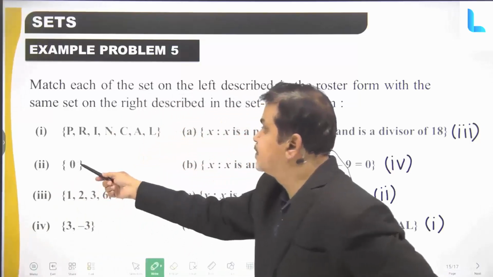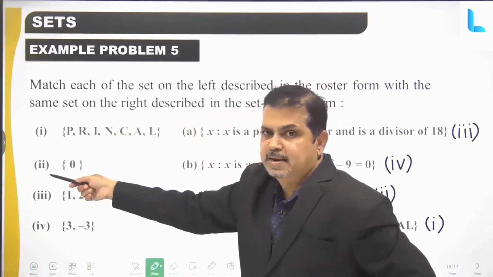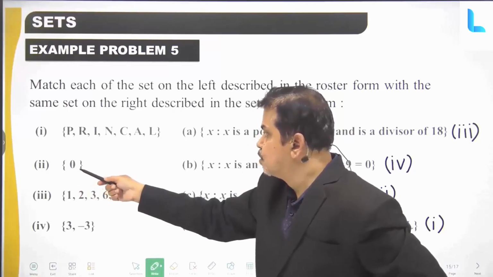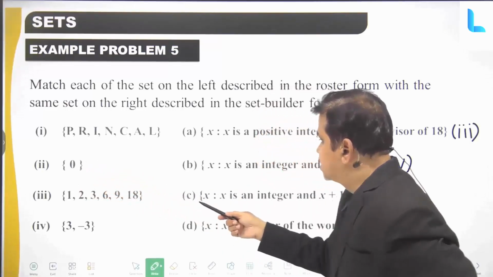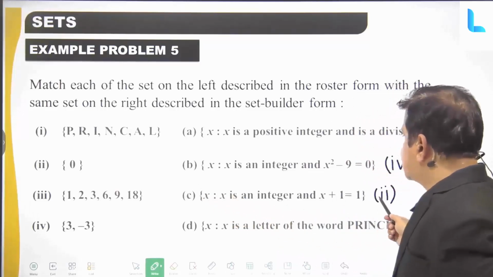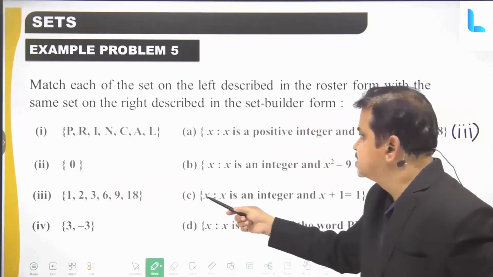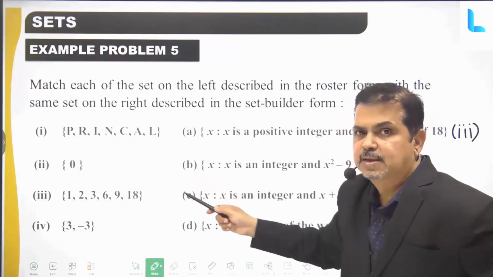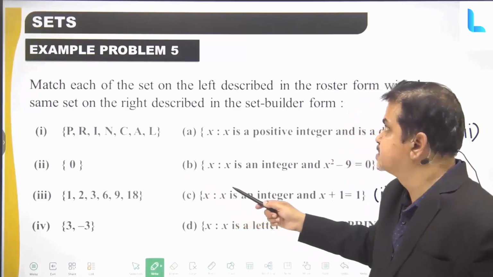That is what is represented here. So this matches with C, so 2 and C are matches of the same type of set.